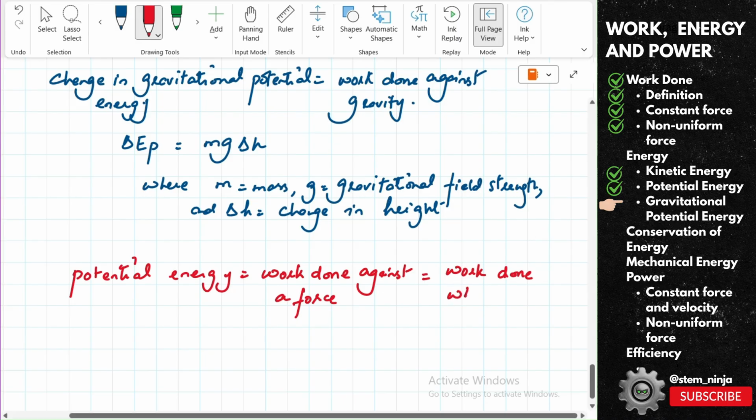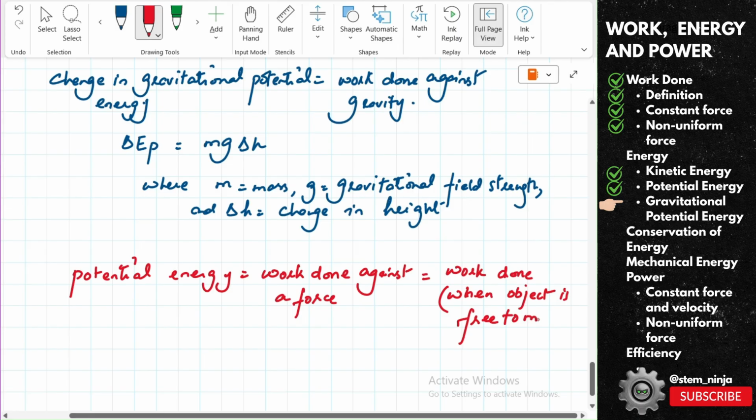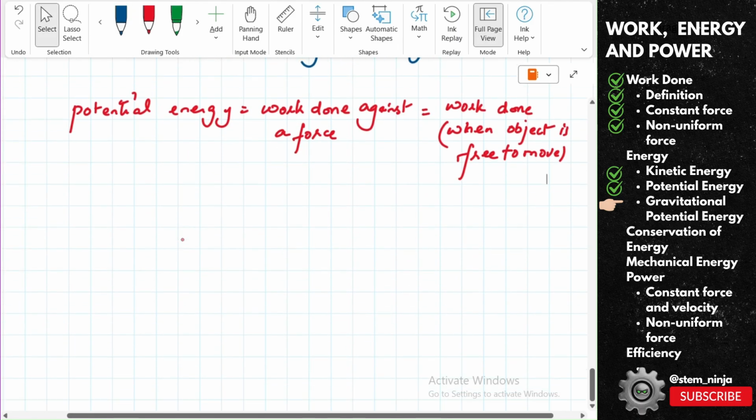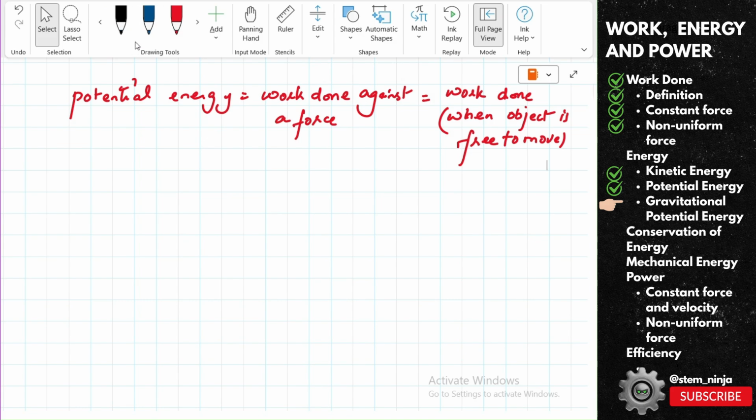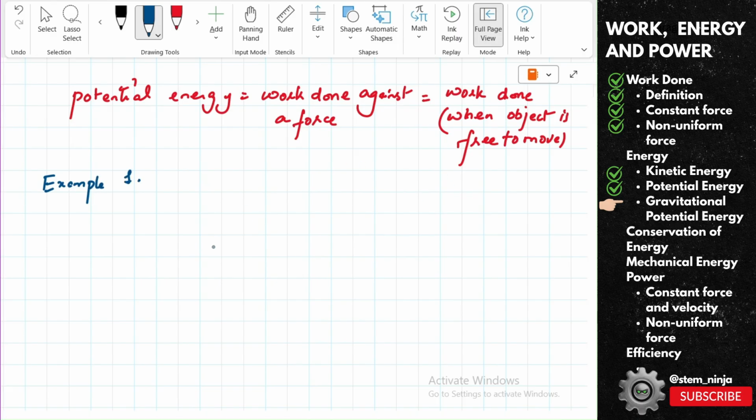Now let me give you example scenarios for both of these. So example 1, where you have, let's say, an object. We increase the height of this object to over here. So from center to center, let's say you increase the distance delta h upwards.